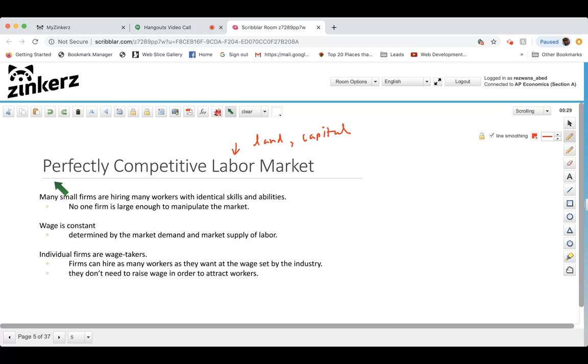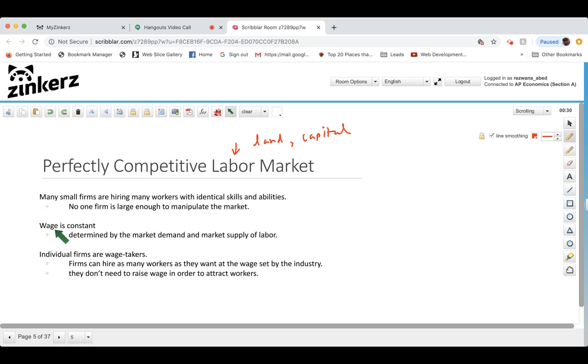So no one farm is really large enough to manipulate the market. This is bringing back a lot of memories from the perfectly competitive product market, as we saw. There was the same idea. No one farm was large enough to manipulate the market.